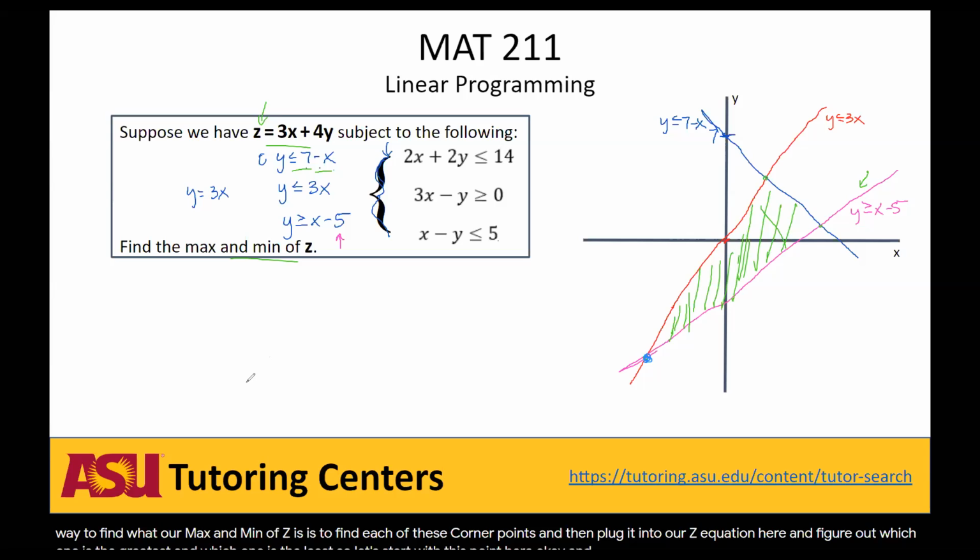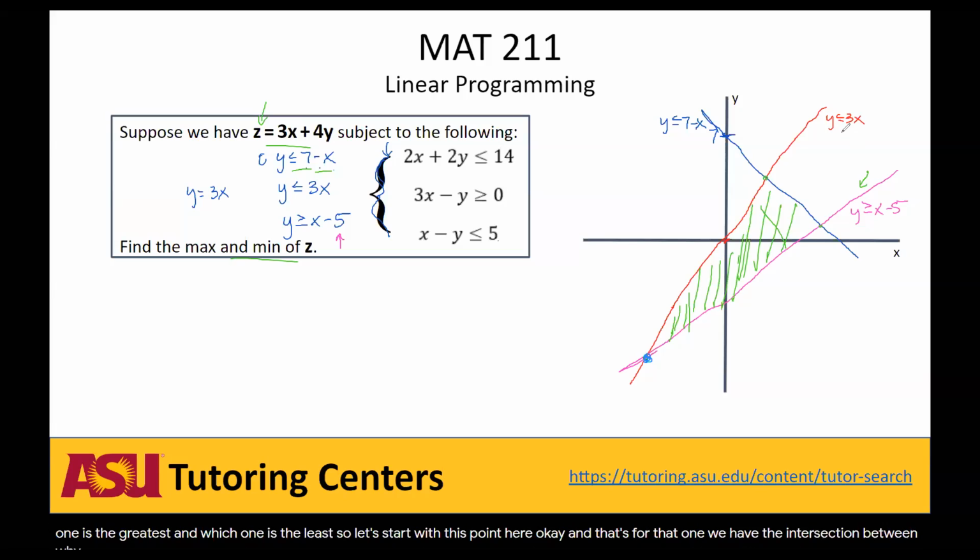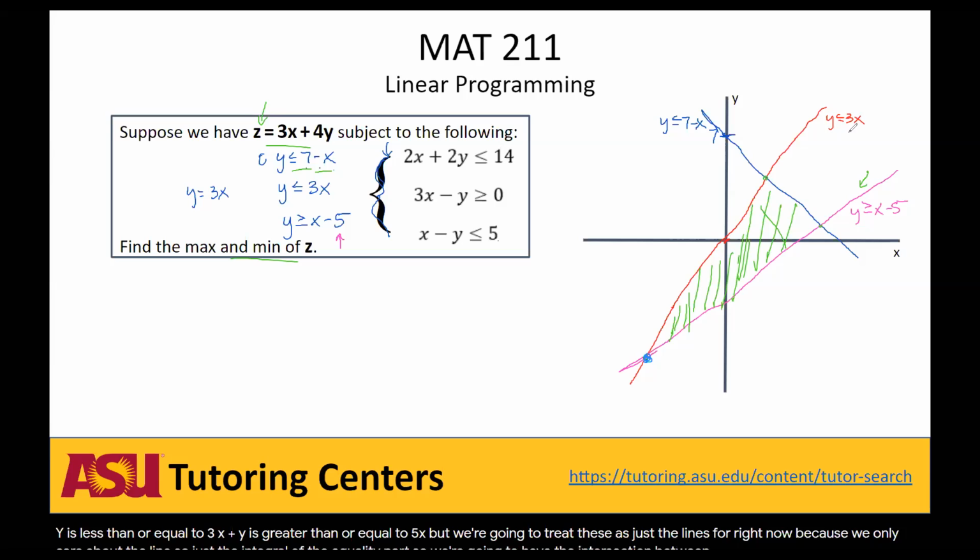And for that one, we have the intersection between y is less than or equal to 3x and y is greater than or equal to x minus 5. But we're going to treat these as just the lines for right now because we only care about the lines, so just the equality part. So we're going to have the intersection between y is equal to 3x and y is equal to x minus 5.